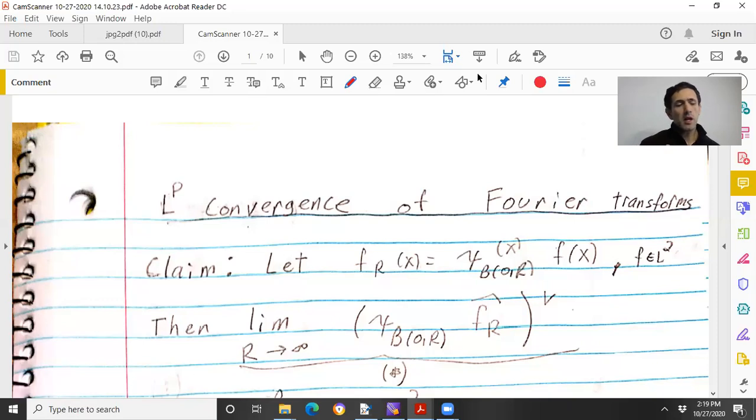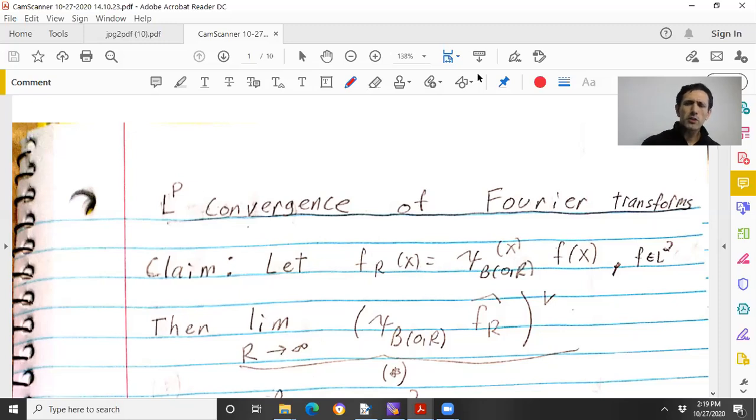So when P is between 1 and 2, then by the Hausdorff-Young inequality, the Fourier transform makes sense and it's an LP prime function. But for P bigger than 2, it's not clear how to even define the Fourier transform.